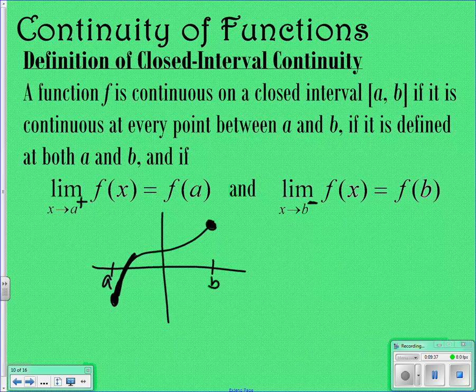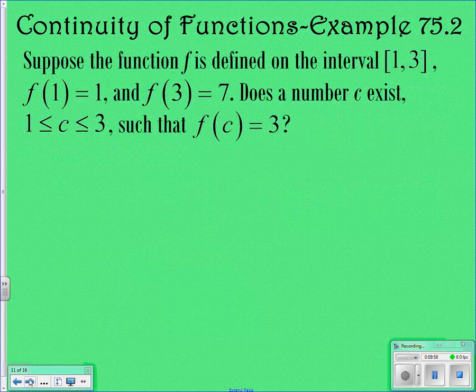And then for the other one, as you approach it from the left, it has to equal whatever this b, f of b value is. So the closed interval continuity has to have a little bit more information for your endpoints to know that it is actually continuous.